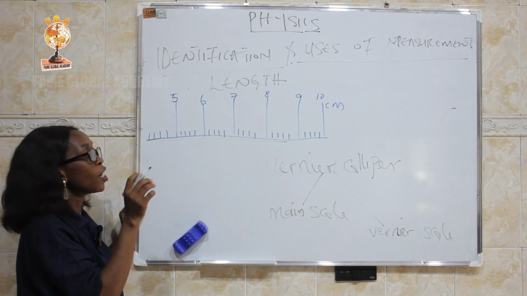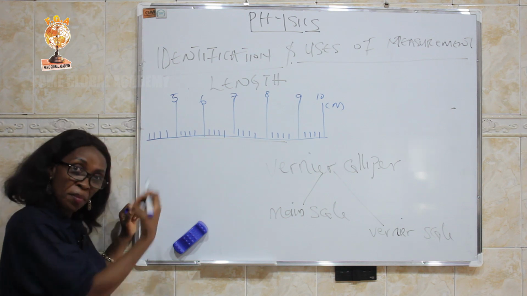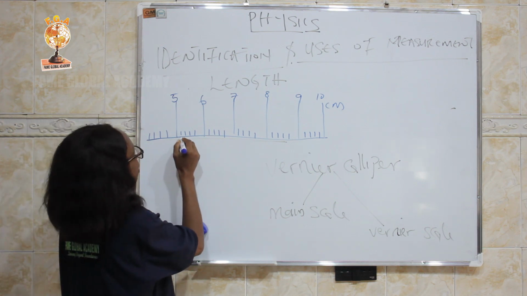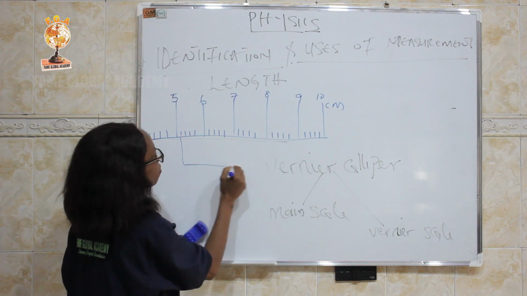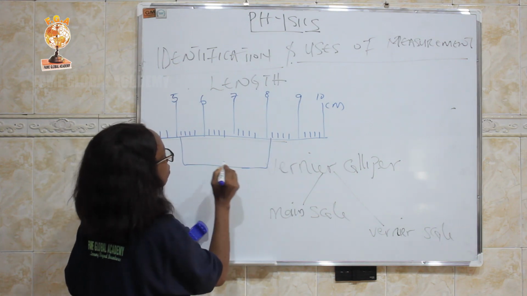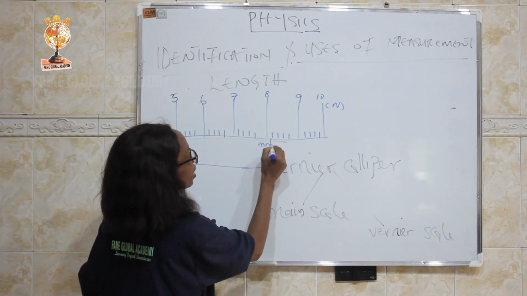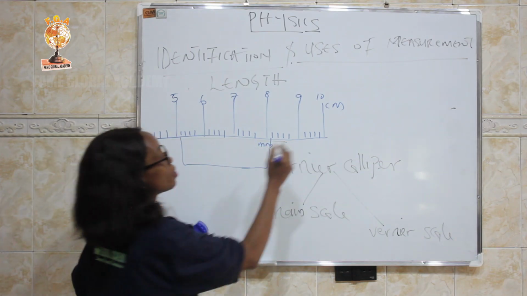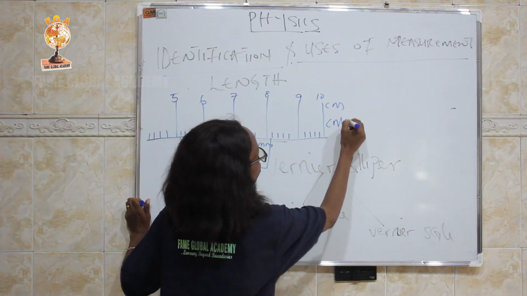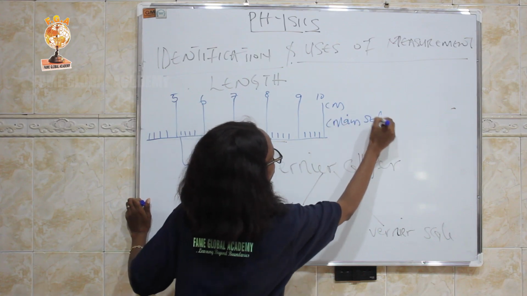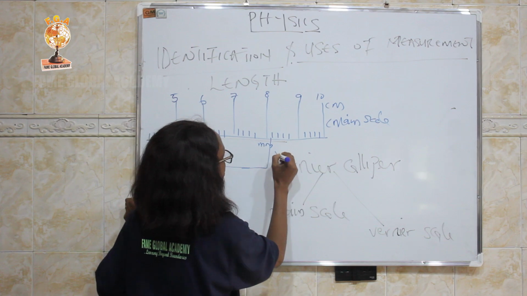Now I want to take the vernier caliper reading from the main scale. Let's assume it starts from here. The vernier scale is in millimeters. This is the main scale, and this is the vernier scale.